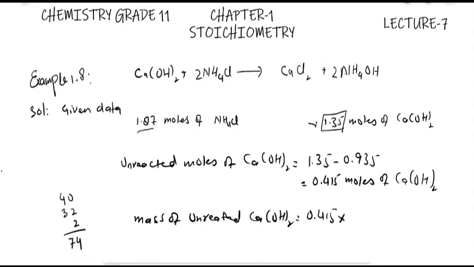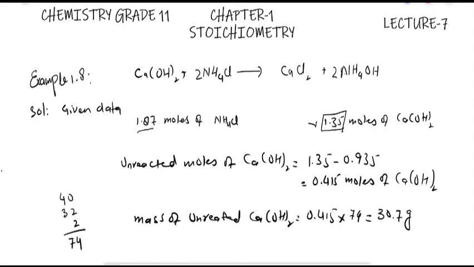So 0.415 multiplied by 74 is equal to 30.7 grams of unreacted calcium hydroxide after a complete reaction between calcium hydroxide and ammonium chloride.